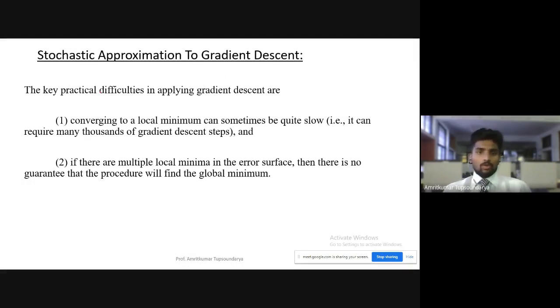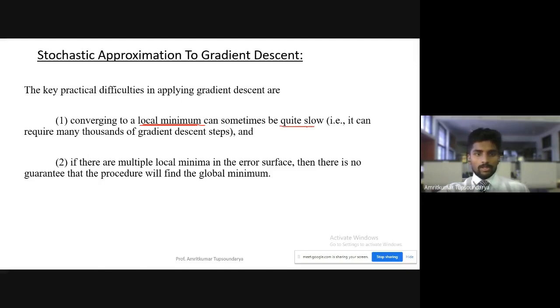We understand now what a gradient descent is, but how can we make use of different approaches to get better results depending on the situation? The practical difficulty when we apply gradient descent is that converging to the local minimum can sometimes be quite slow.